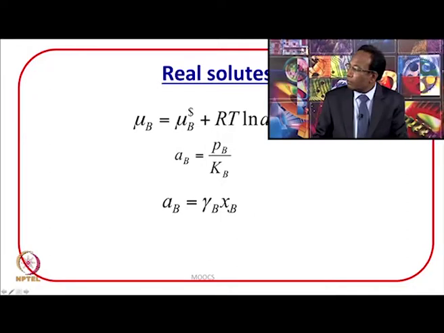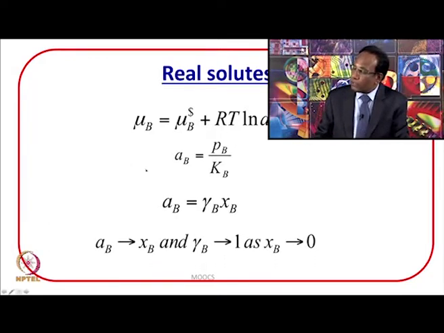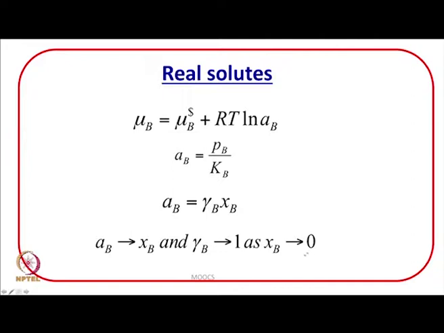However, please note the difference here. The solute will start behaving in an ideal manner, or following Henry's law, when its mole fraction in the solution approaches 0. When the mole fraction of the solute approaches 0, its activity coefficient will approach a value of 1, and then instead of activity we can write mole fraction.